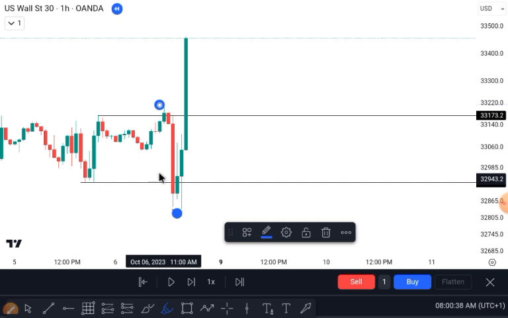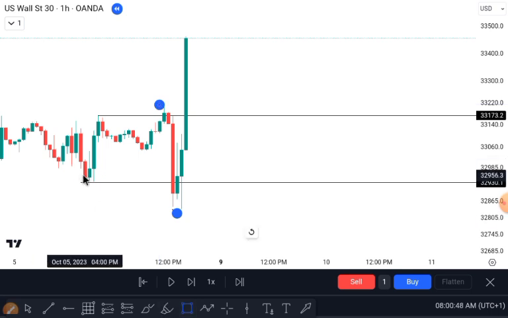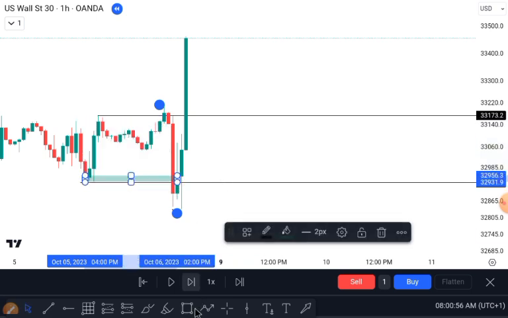But before then, just observe this, guys. This was the previous low, and then this was the previous high.